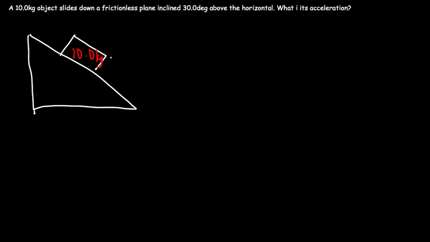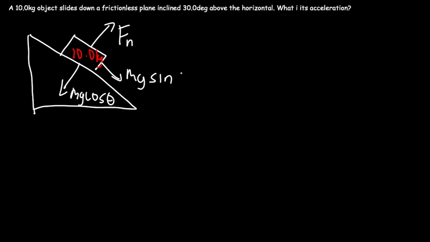And again, isulat natin yung mga components na given sa atin. So we have f sub n. So these are the standard components. And mg cos theta. And on this side, we have mg sine theta. Okay.